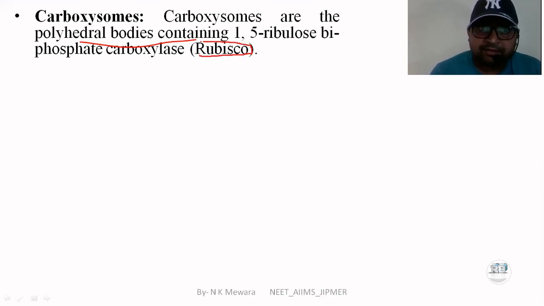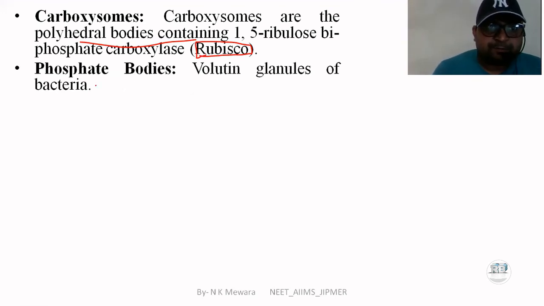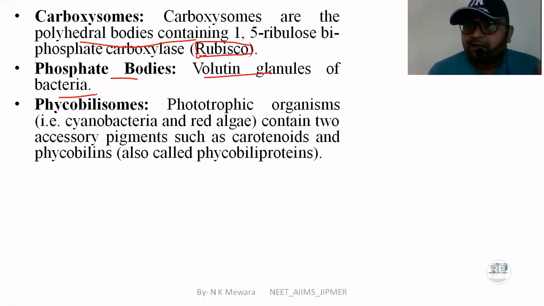You know that this is our channel name; that's where I selected this name, Rubisco: ribulose-1,5-bisphosphate carboxylase. Okay. Then phosphate bodies and volutin granules of the bacteria. These are all the inclusion bodies present in the cyanobacterium.